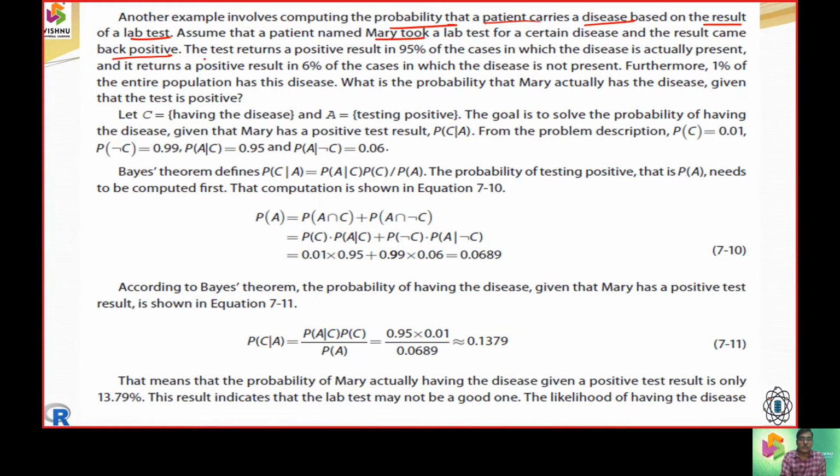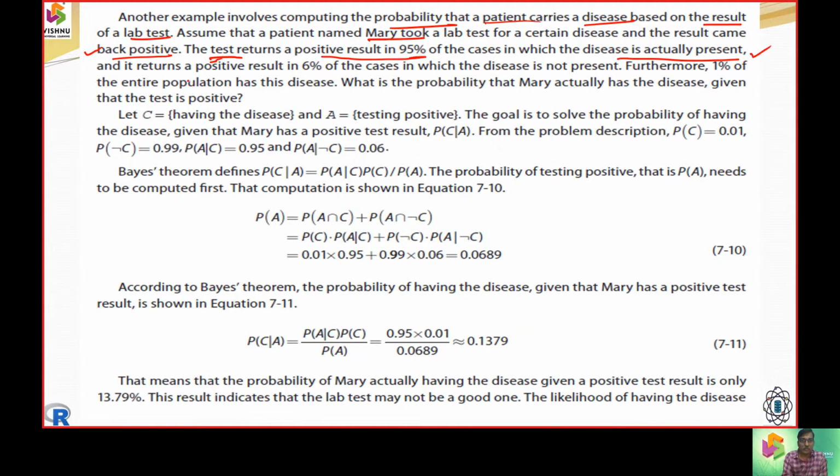Here the patient's name is Mary, and for her the lab report for the disease was positive. Regarding the lab machine's performance, the report was correct in 95% of cases where the disease was actually present.